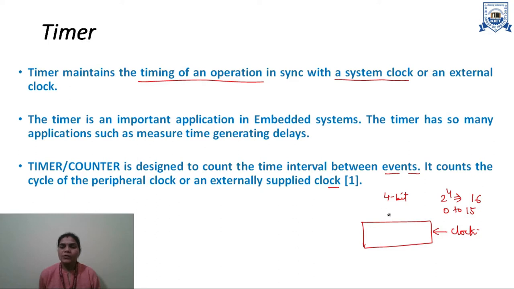It will count the clock pulses arriving to it and provide a 4-bit code for counting of clock pulses. So a 4-bit combination can count 0 to 15. And this 4-bit count can be decoded using a decoder, and the decoder will provide us timing T0 to T15. So a timer can be based on clock pulses.